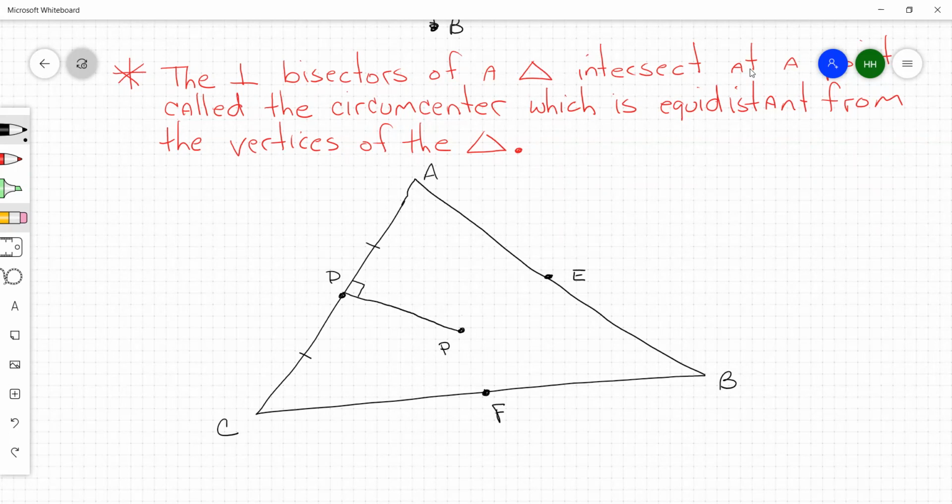The perpendicular bisector of side CB would intersect it at 90 degrees and split it in half. The perpendicular bisector for side AB would intersect it at 90 and split it in half.